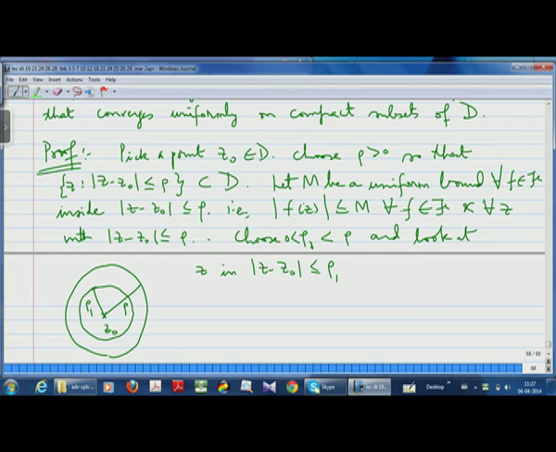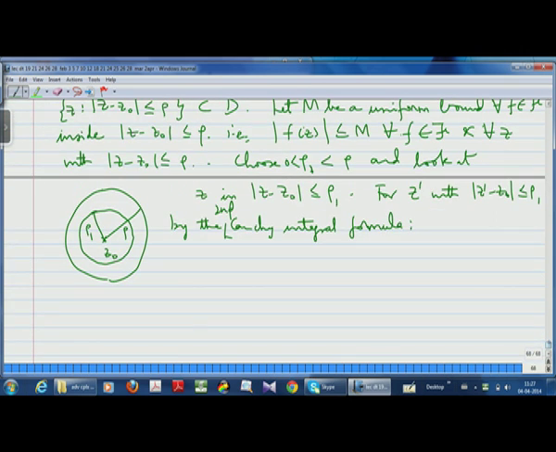Now for z prime in this smaller closed disk, by the Cauchy integral formula, well, if you want the second Cauchy integral formula, first let me write out the formula without worrying about estimating it.